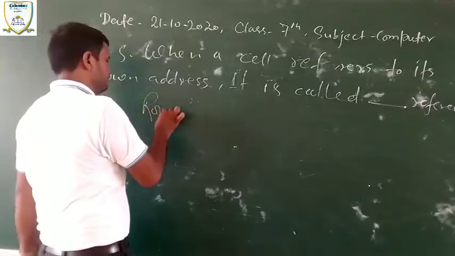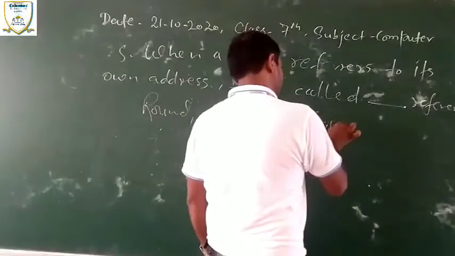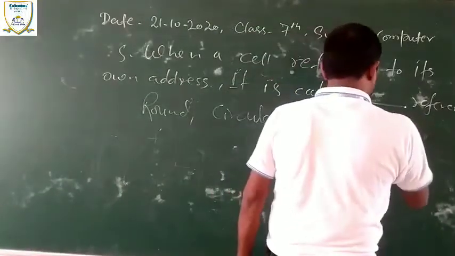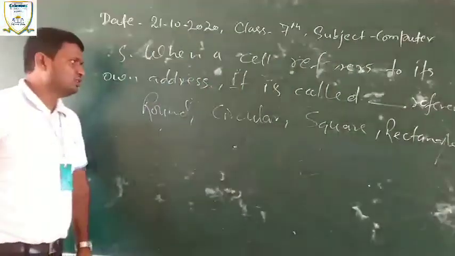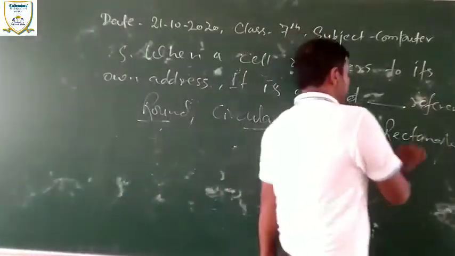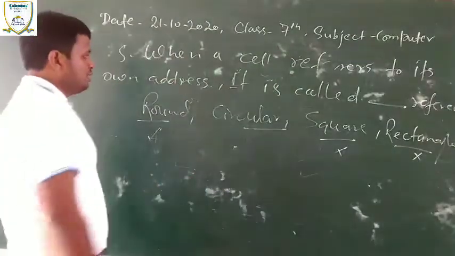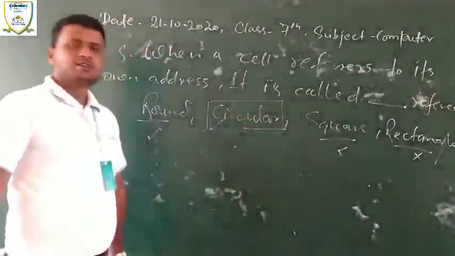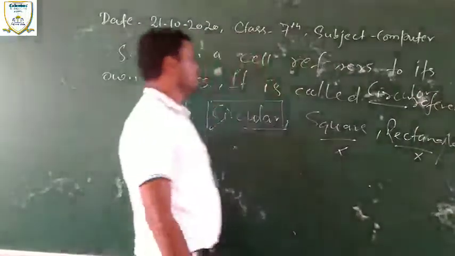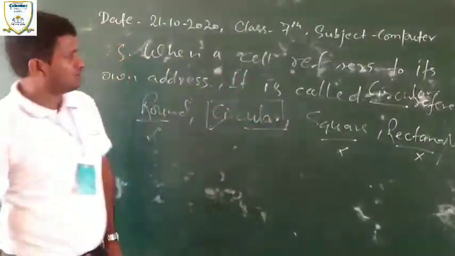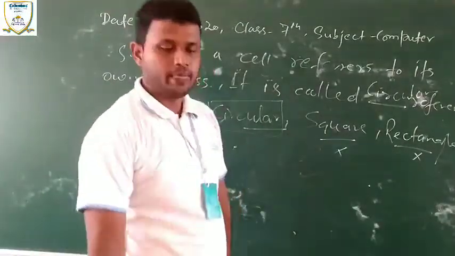First round, second circular, next square, and then rectangle. I think you all know there is no round, no square, no rectangle reference. Only one cell reference is given there: circular. So the answer is circular cell reference. When a cell refers to its own address, it is called a circular reference. Okay.